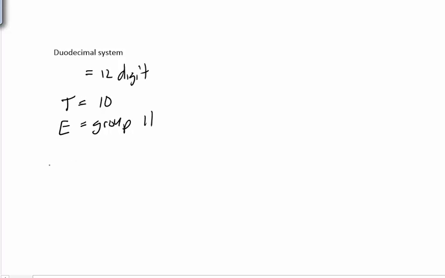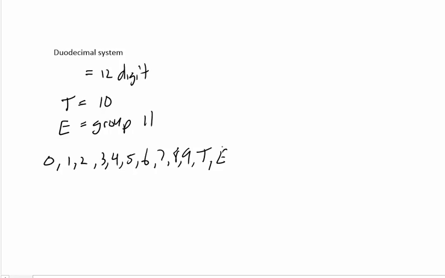So in other words, the possible digits are 0, 1, 2, 3, 4, 5, 6, 7, 8, 9. And instead of getting to 10, we now bring up T, and instead of bringing up 11, we bring up E. And then if I want to say 12, I just go to the next placeholder in the number.